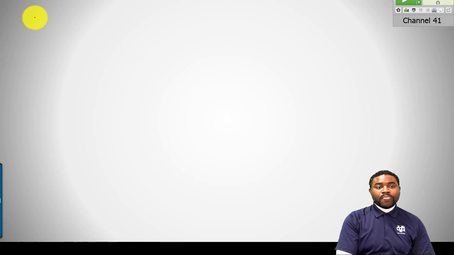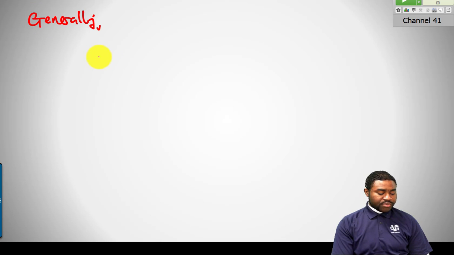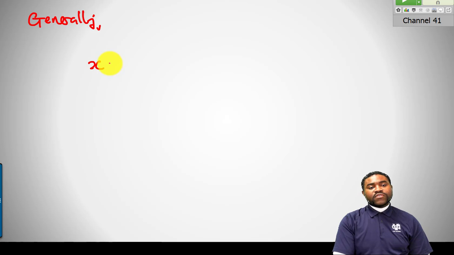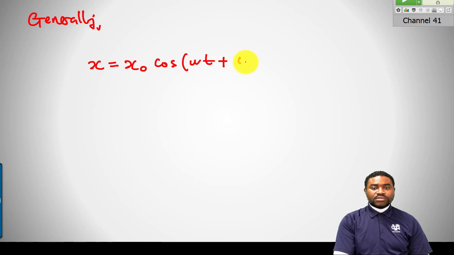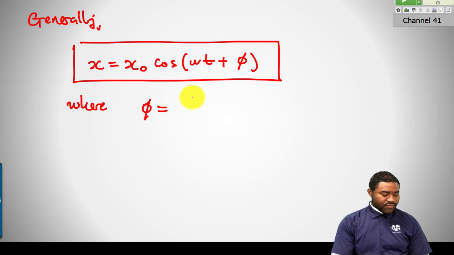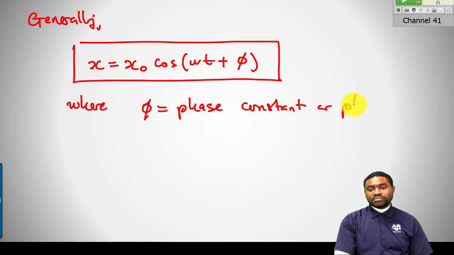Now look up please. You're writing please. Generally, the position of a system undergoing simple harmonic motion is given by x equal to x naught cosine omega t plus phi, where phi is known as the phase constant, or phase angle.